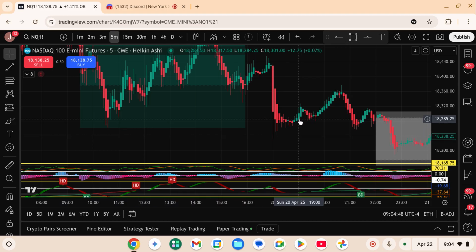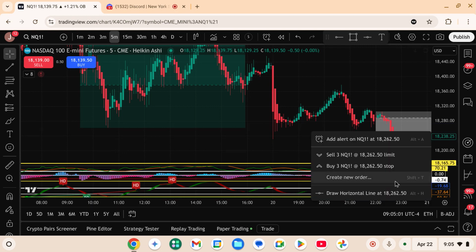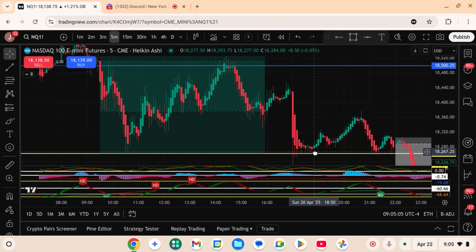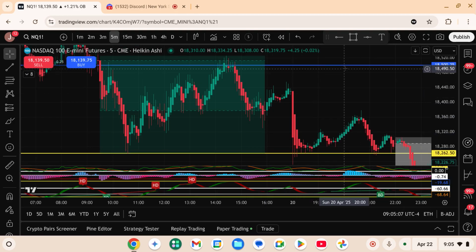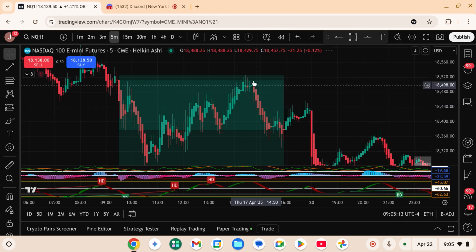So right here, we'll draw that bottom. Excuse me. Let me get rid of this level I forgot to delete. And then we'll get this high.